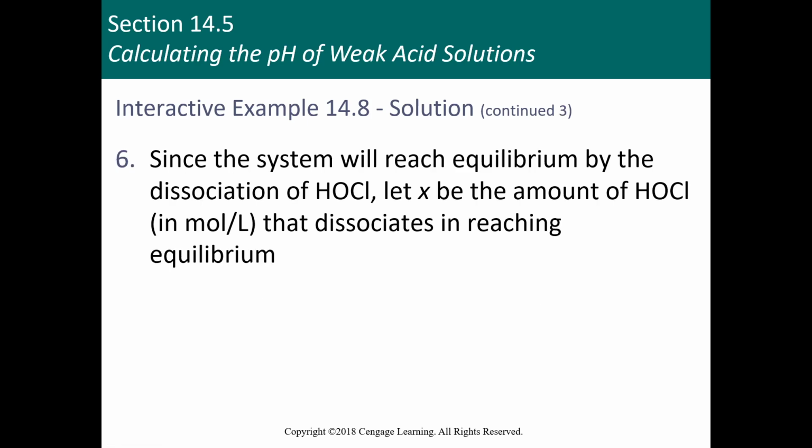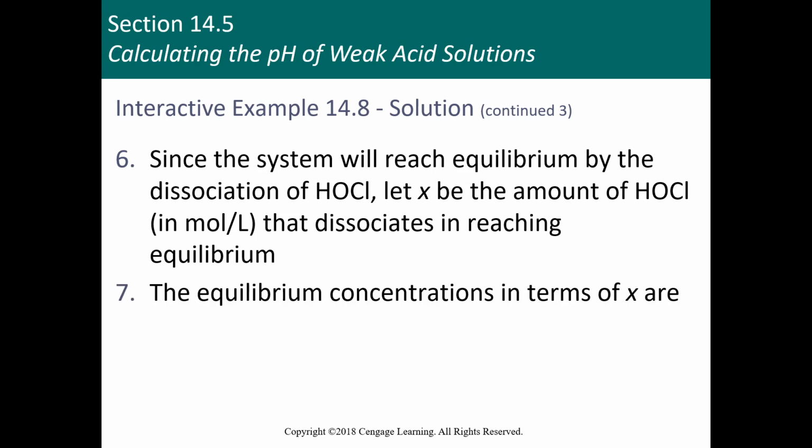All right, so the system will reach equilibrium by dissociating this HOCl. Again, we're going to do the same thing we did on all of our ICE problems. We're going to let X be the amount of HOCl that dissociates to reach equilibrium, or our change. So that's our initial concentration minus our change, because we're using this up.